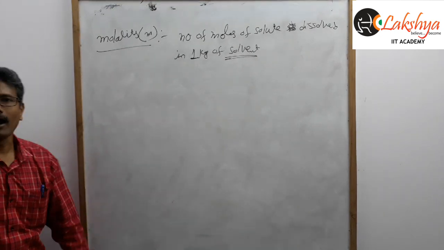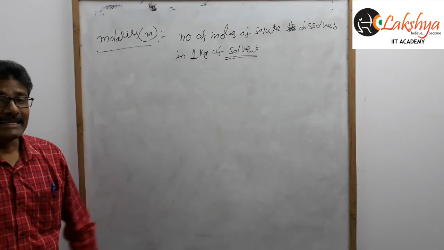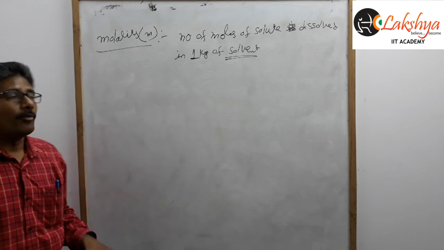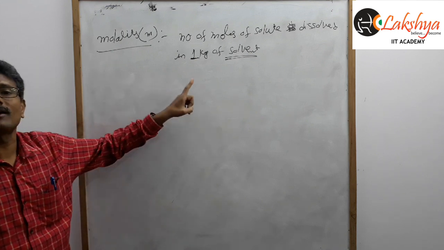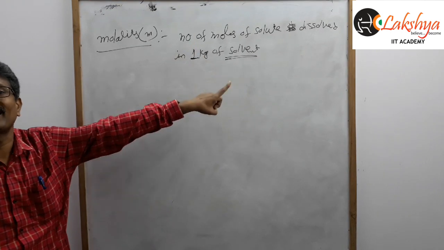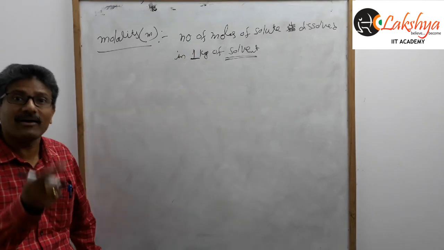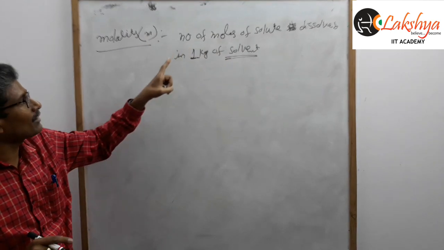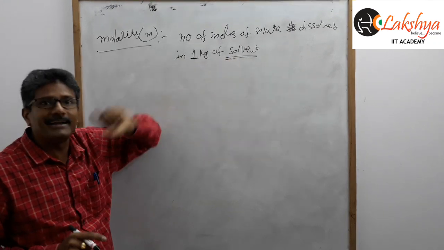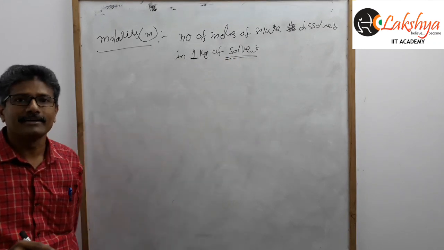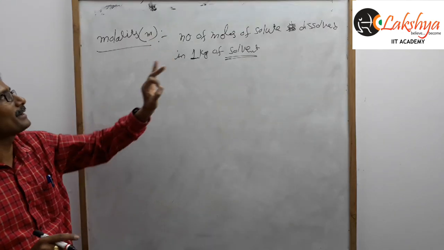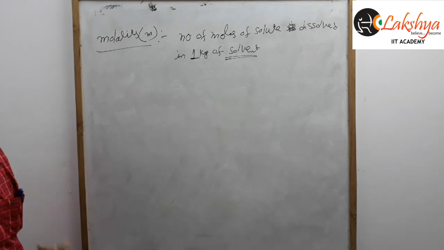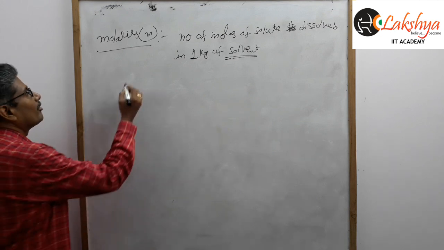See the difference between molarity and molality. In the case of molarity, capital M, which was discussed in yesterday's class, molarity means the number of moles of solute dissolved per liter of solution. Here, it is the number of moles of solute dissolved in 1 kg of solvent, not solution. So now I am writing the formula of molality.